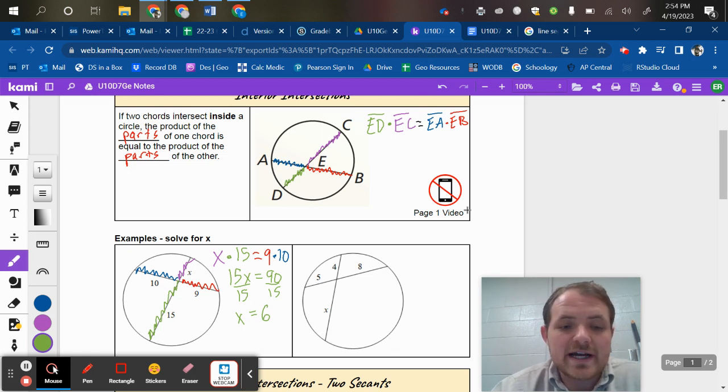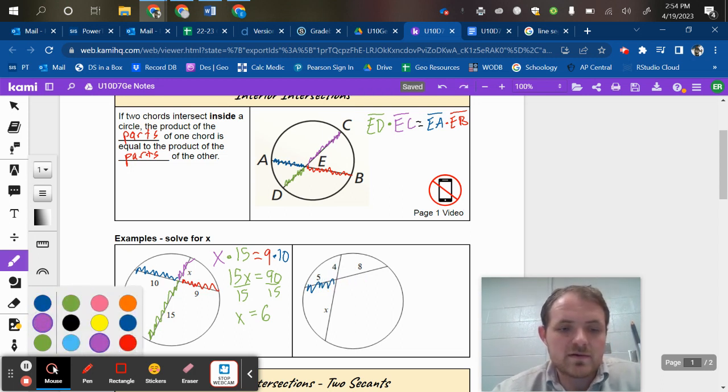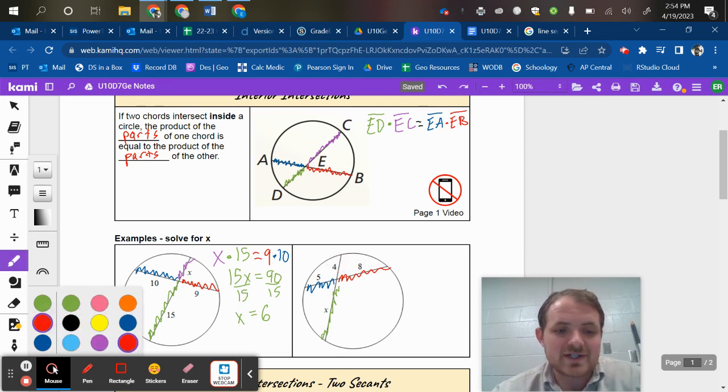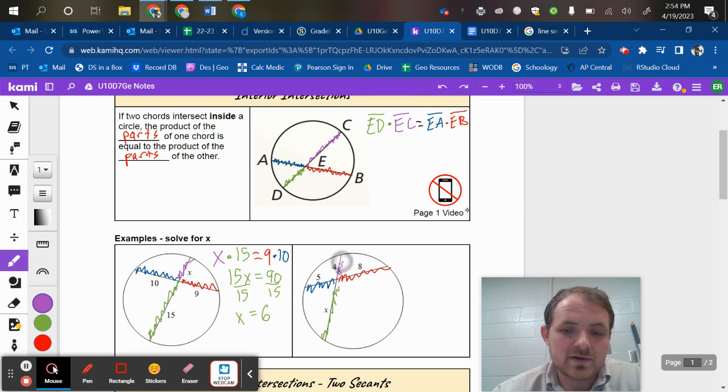Hopefully you got a chance to try it. And this gives you, if I do the colors again, red and blue go together. And then green and purple will go together. And again, this is true when we have intersections inside the circle.